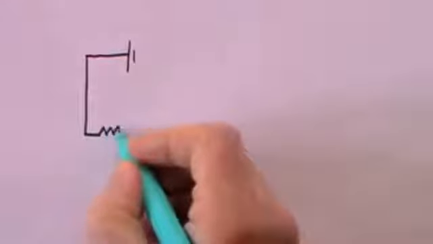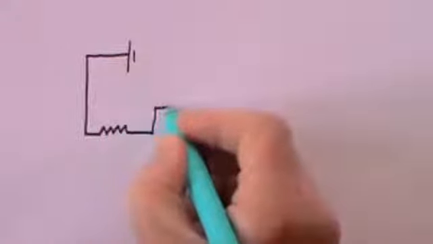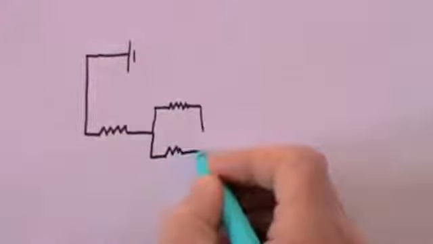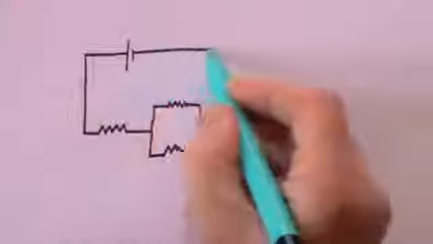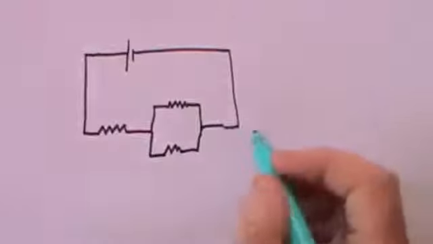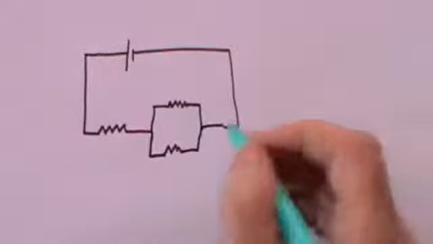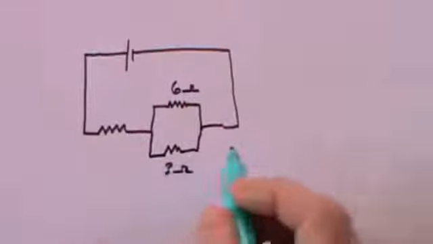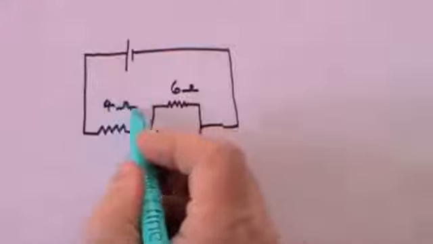Question 9. We have an electronic circuit that looks like this. Three resistances. The values of the resistances are 6 ohms, 3 ohms and 4 ohms.